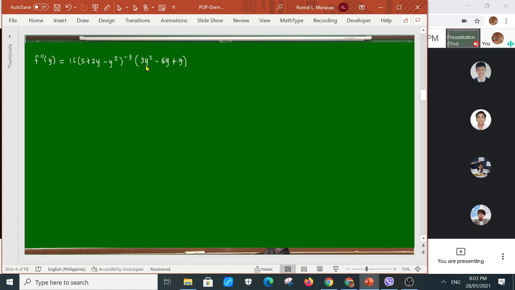What is common to 3, negative 6, 9? 3. 3 times 16. Then (5 plus 2y minus y squared) to the negative 3 times here: y squared minus 2y plus 3.